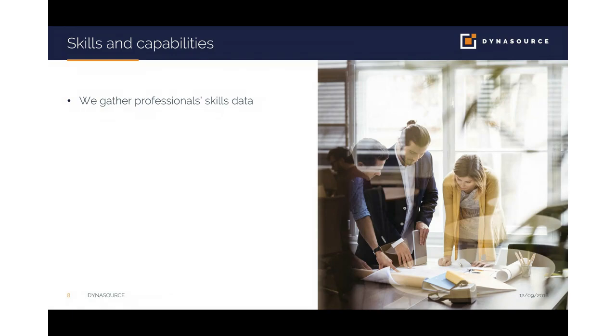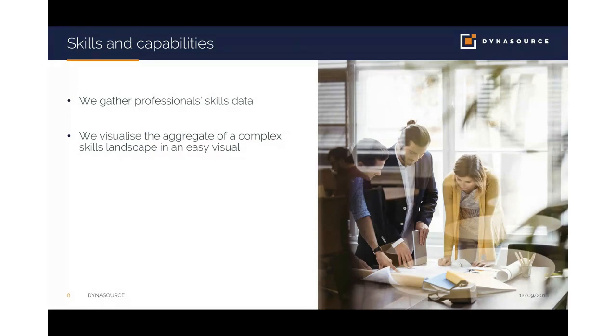So we gather all this data and we try to visualize this in an easy visual. And that's quite a hard task because it's a complex skills landscape, so to say, with a lot of different names, a lot of different vendors. So we try to categorize them in 5 domains, which we will dive into a little deeper during the demonstration.